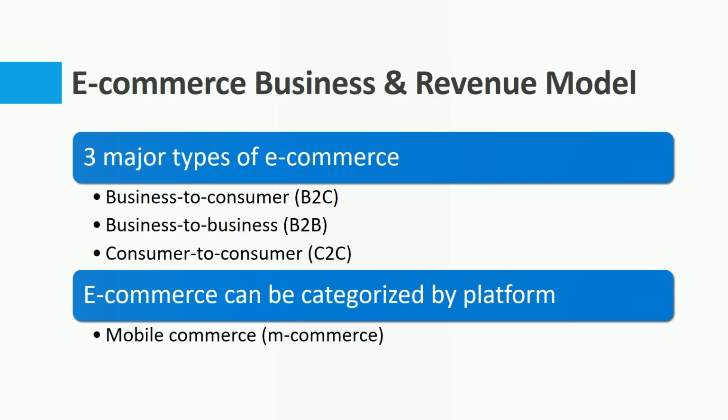So these types are categorized based on the nature of the participants. And the last one is called m-commerce, a category based on the nature of the connection to the internet.